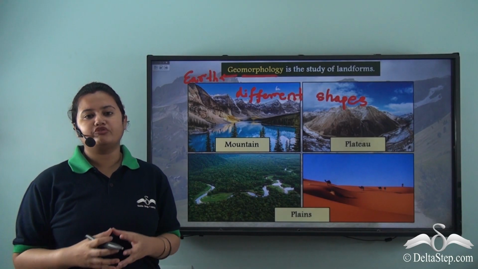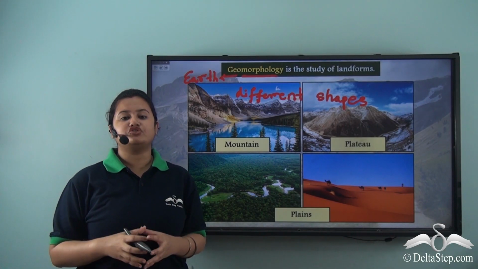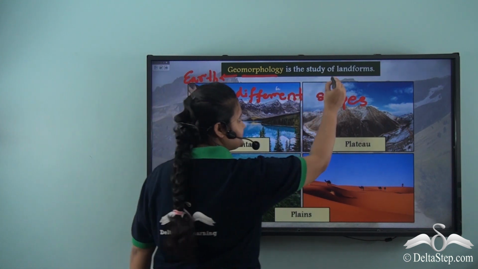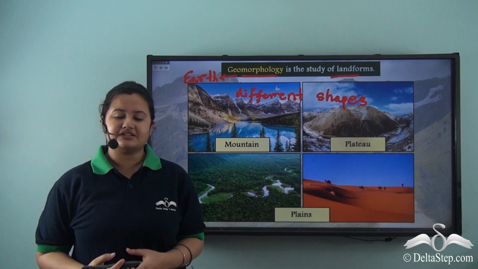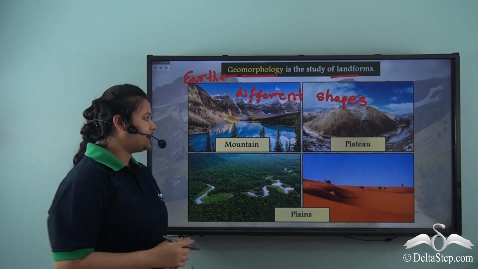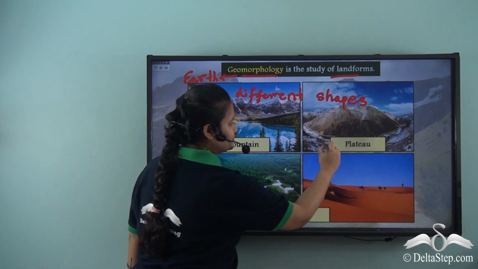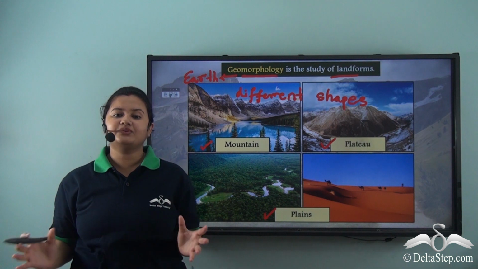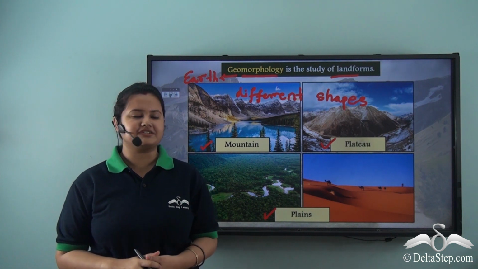Therefore, geomorphology is the branch of geography that deals with the study of landforms, their processes of formation, and different types of landforms like mountains, plateaus, and plains. So now let us see how these landforms are formed.